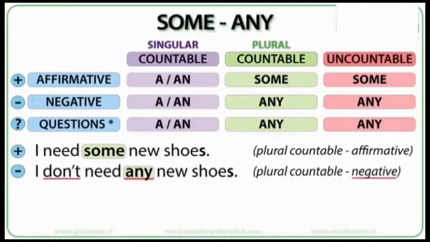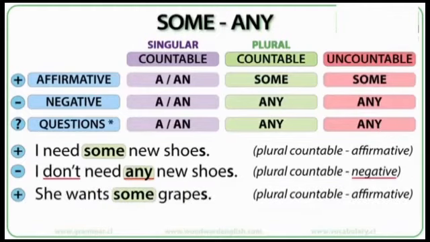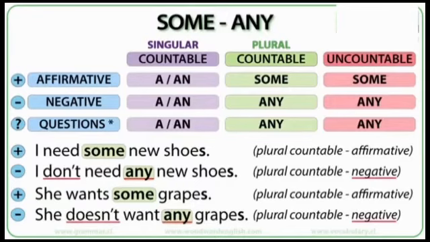Any is used here because it's a negative sentence. She wants some grapes. Some, because it's an affirmative sentence. What would be the opposite of the sentence? It's she doesn't want any grapes. Any is used because it's a negative sentence.